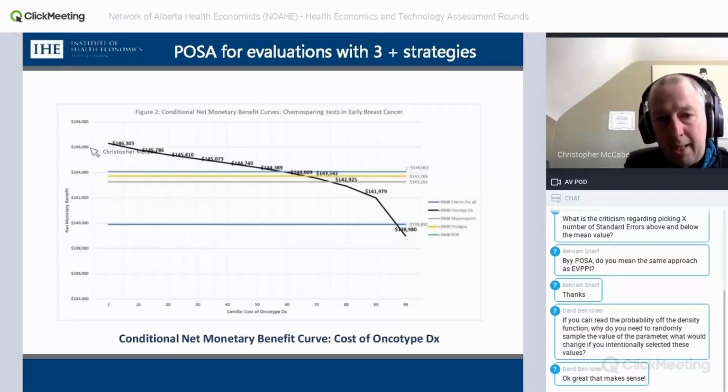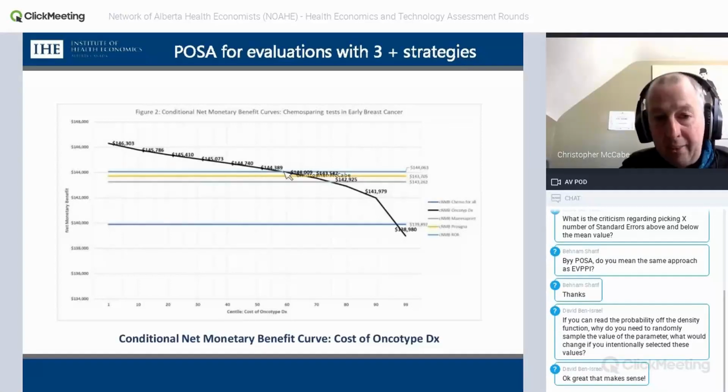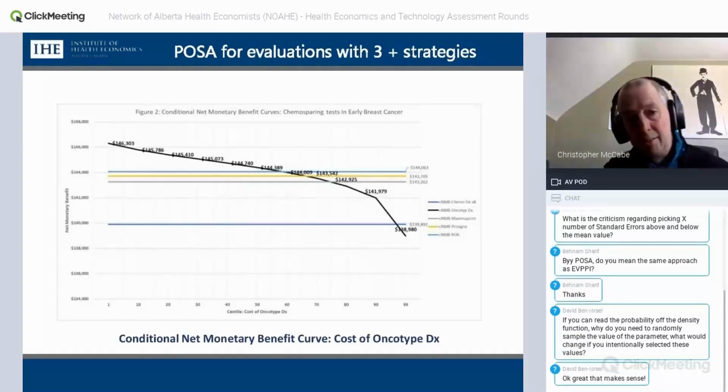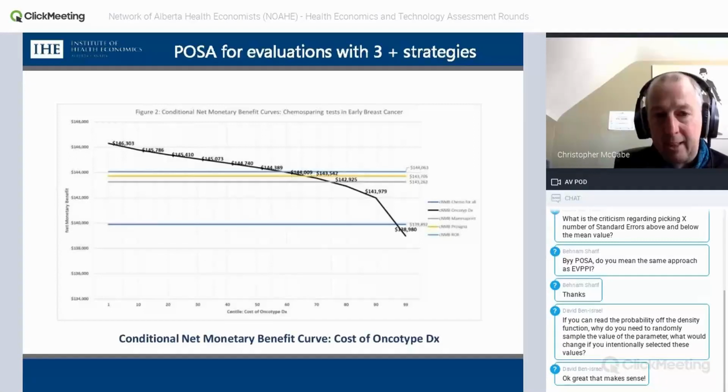So you can see all the way out to here, the frontier covers the Oncotype DX line up to here, and then at this point the frontier would then map onto the Prosigna ROR and follow that path there.